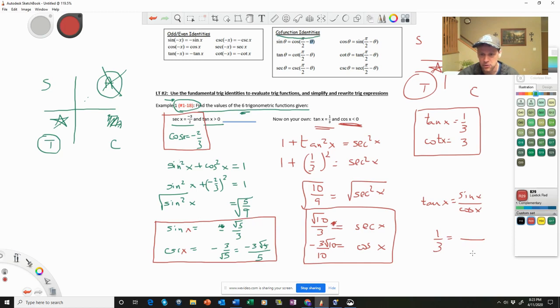And I happen to know that the cosine is this, and that is 3 times bigger than the sine, which means that the sine must be simply negative √10/10. So the sine of x is negative √10/10, and the cosecant of x will be negative, flip it upside down, multiply, negative √10. So you should have had those 6 answers if you did it correctly.